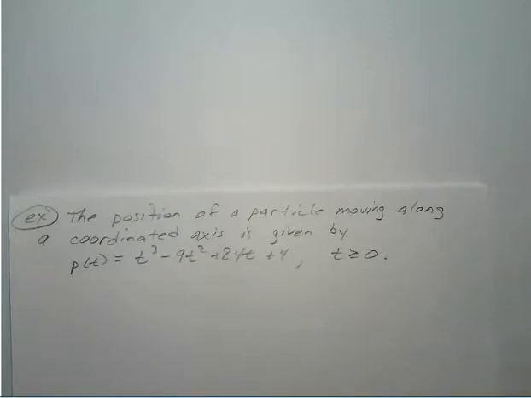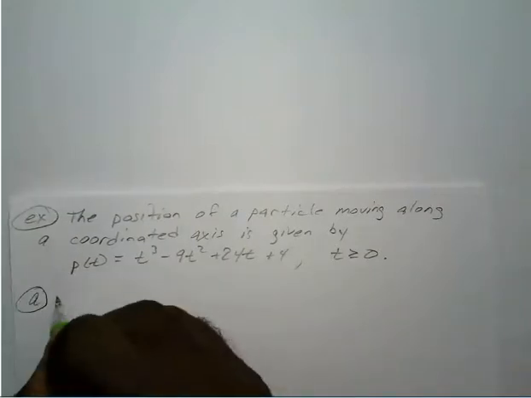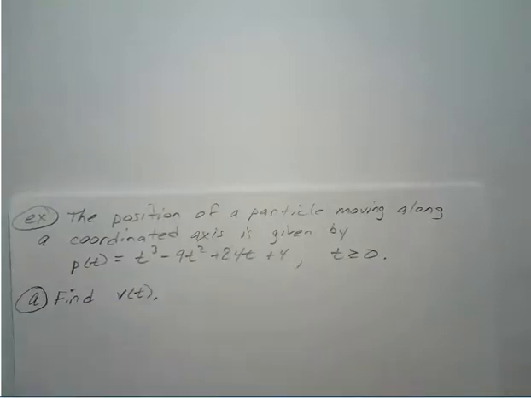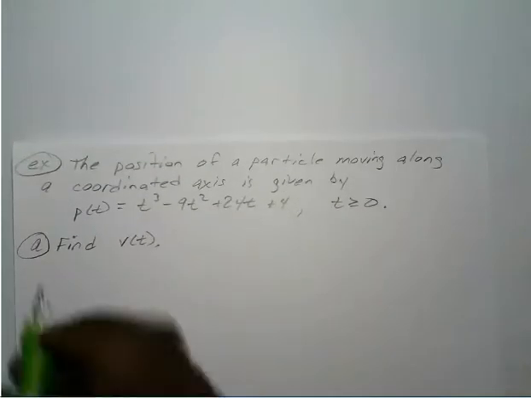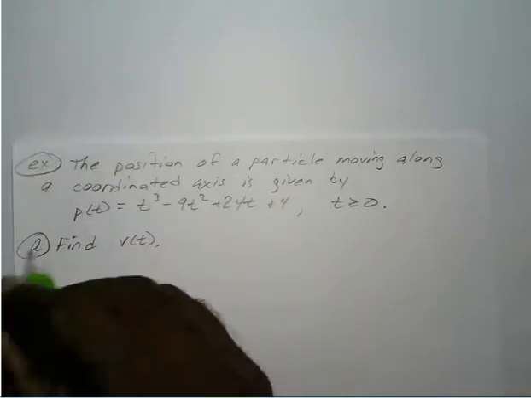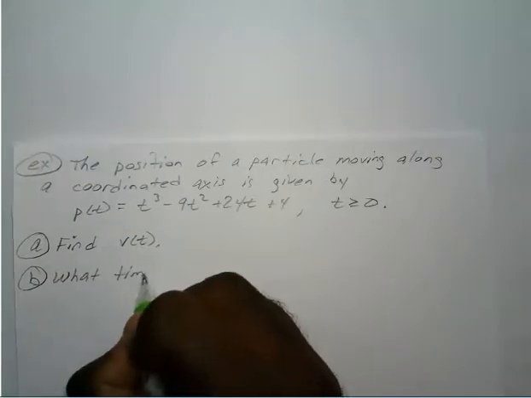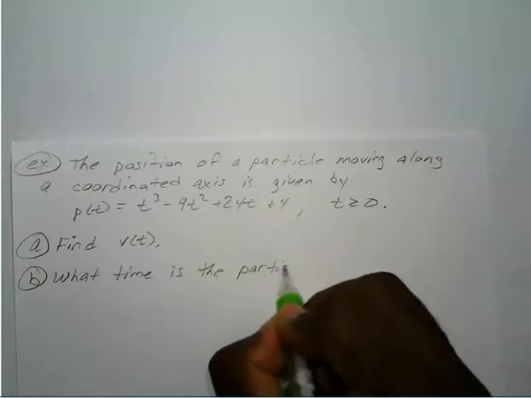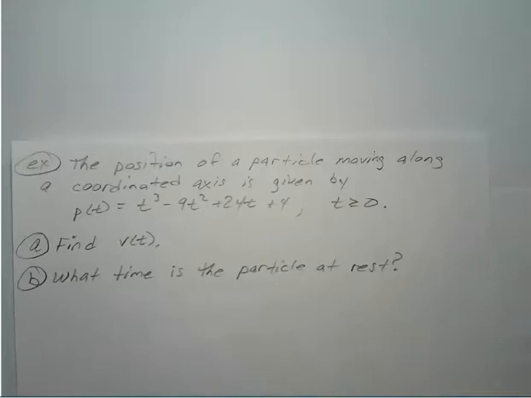Okay, so this one has 4 parts. Part A, find your velocity function. Part B, at what time is the particle at rest.